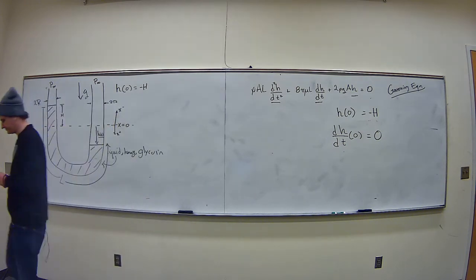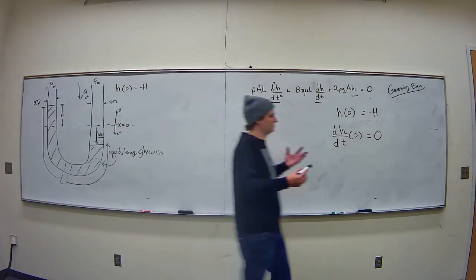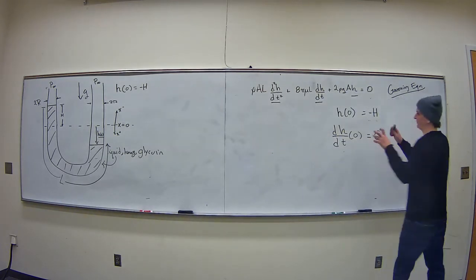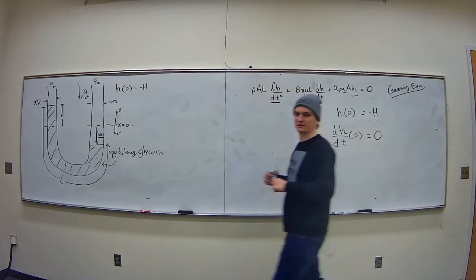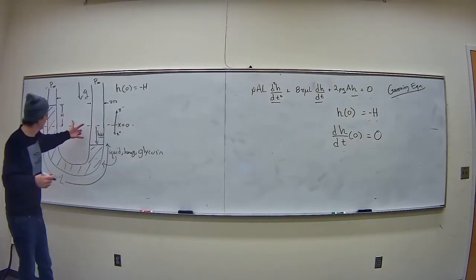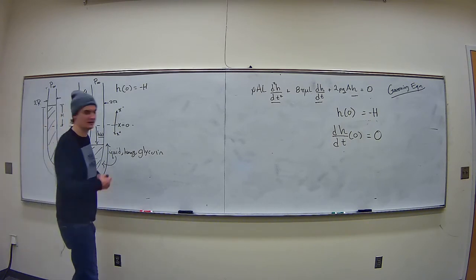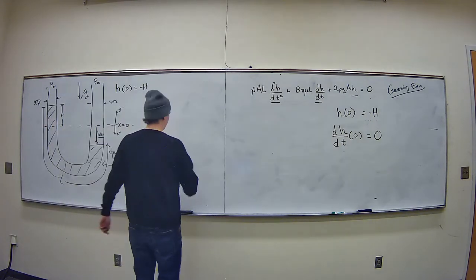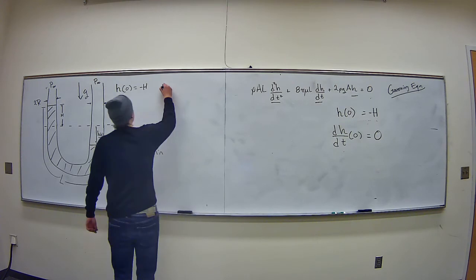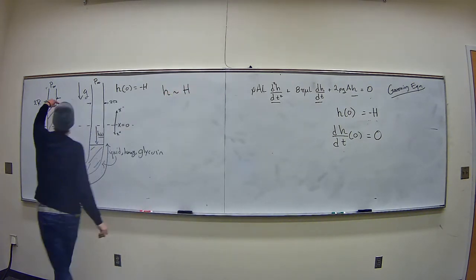So non-dimensionalization is something that we can just do through scales, that we can call them, right? So the idea being, what value do we suspect h to be around? And you have this notation of, I'm going to say that h scales like this height right here.